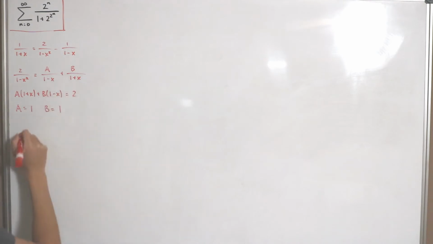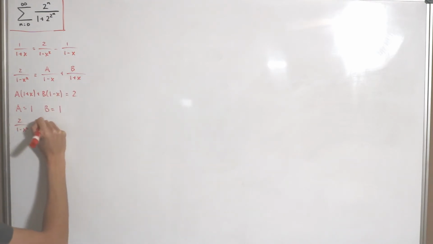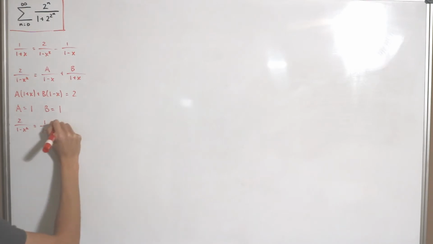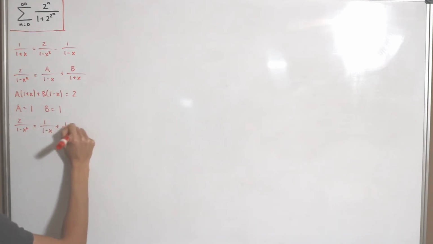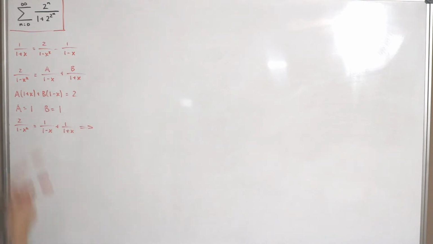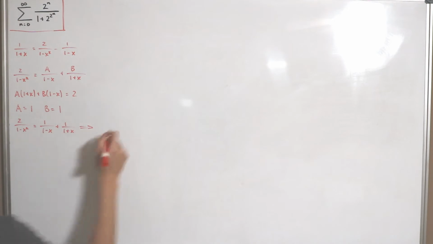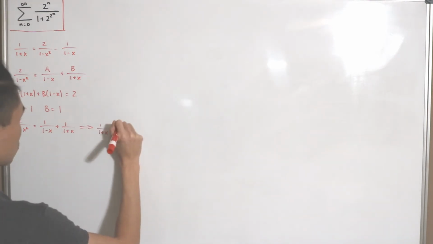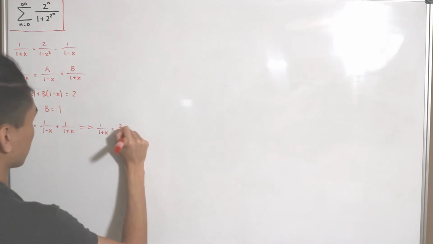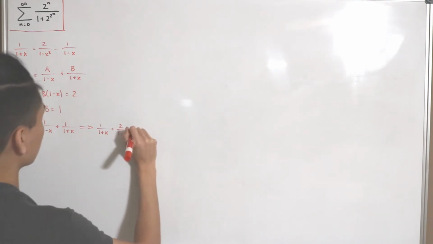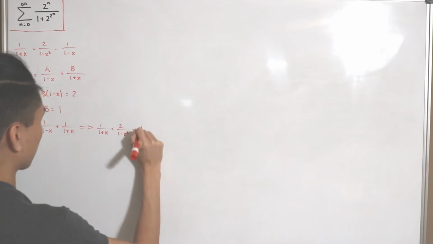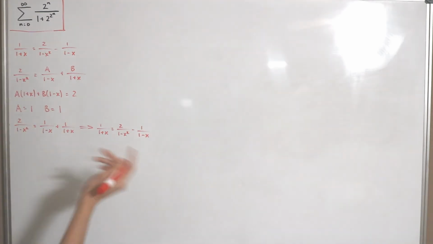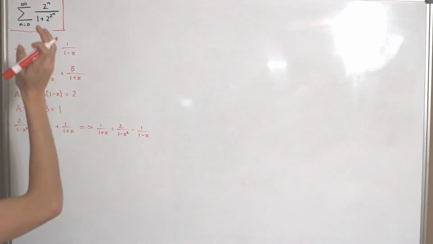Plugging our terms back, 2 over 1 minus x squared is equal to 1 over 1 minus x plus 1 over 1 plus x. Subtracting 1 over 1 minus x from both sides, we get that 1 over 1 plus x is equal to 2 over 1 minus x squared, minus 1 over 1 minus x. That proves this little observation.